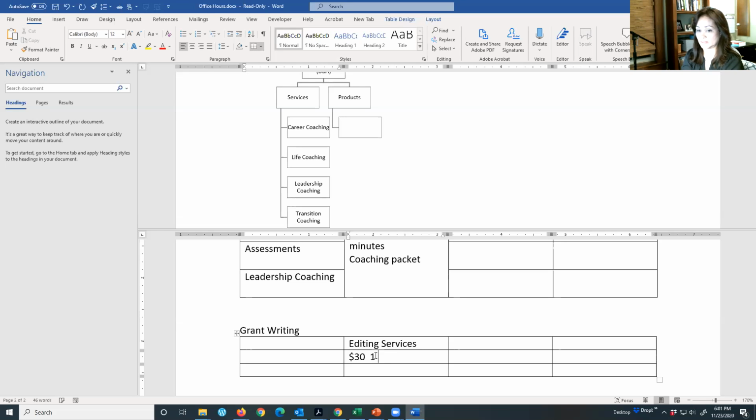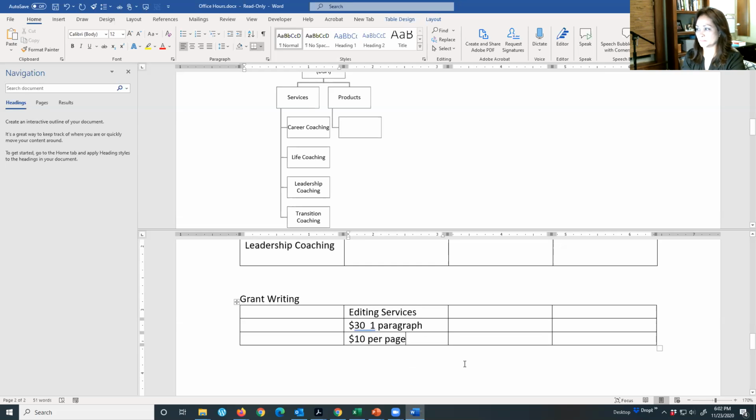I've done this, and it was really just to help somebody develop a pitch. Now the going rate for editing is $10 per page. So you just need to research what similar companies are doing, because you may not be able to find what grant writers are doing.